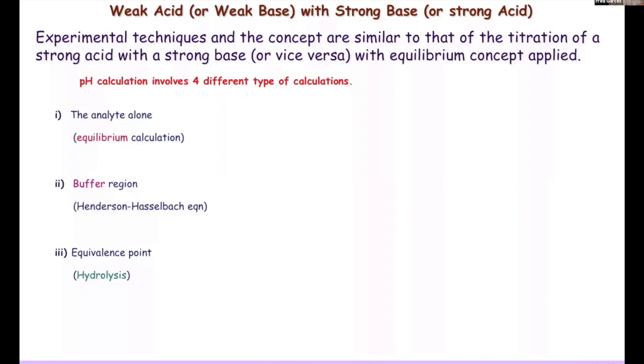But when you get to the equivalence point, all the analyte gets converted over to the conjugate. And you know how to solve that because that's just a salt. That's hydrolysis. What you need to realize is that the conjugate now is going to react with water. Why does it react with water? Because it's the conjugate of a weak acid.